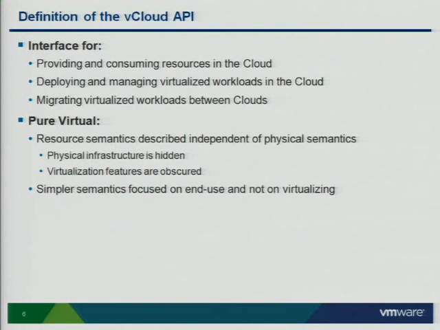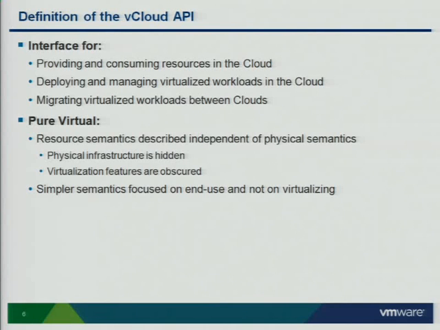Here is a very short definition of the vCloud API. Basically, it is an interface for providing and consuming resources in the cloud. In addition, with the vCloud API, you can deploy and manage resources in the cloud, and the vCloud API also supports the federation case where you can migrate workloads between different clouds.